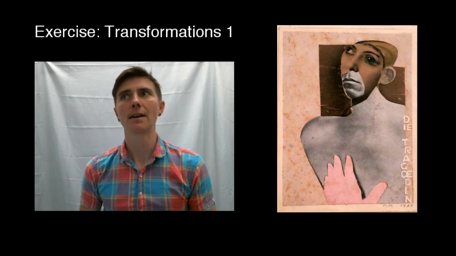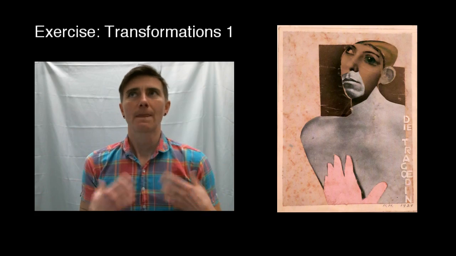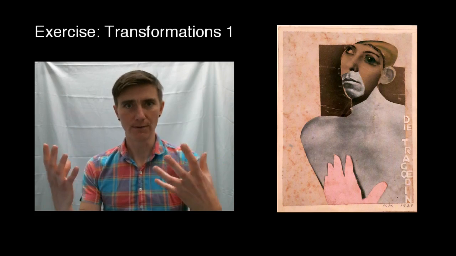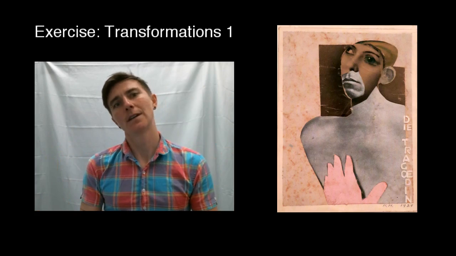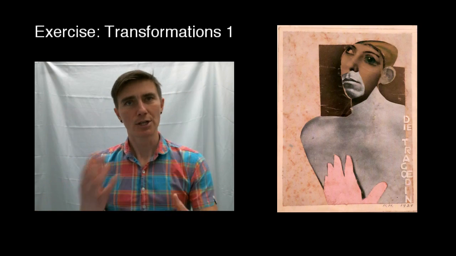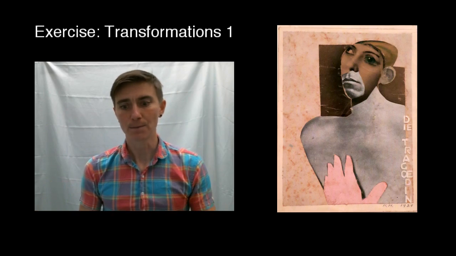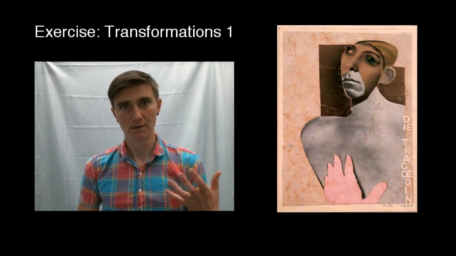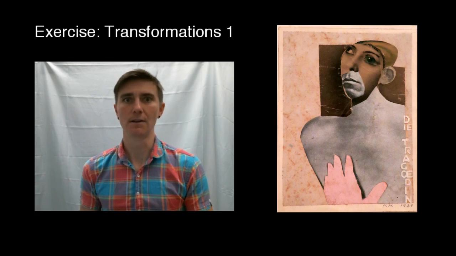And so they were looking at these images that were considered high art or just these beautiful images and destroying them or subverting them or changing them and transforming them. And so this is a great way to start to learn how to use transformation operations in Photoshop.